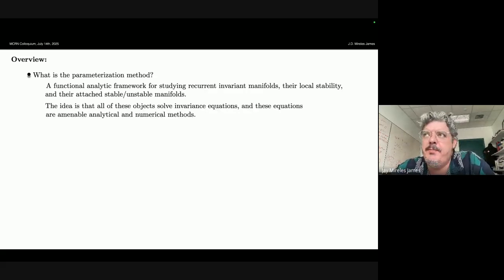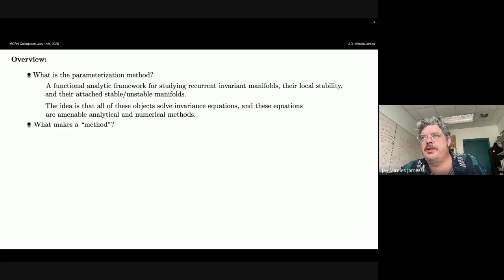The idea behind the parameterization method is that these objects of interest often solve some invariance equation. Once you write down this invariance equation, you can change gears and think of it as a functional equation for the unknown parameterization. And now you have available all of your analytic and numerical tools for studying and solving these kinds of equations.